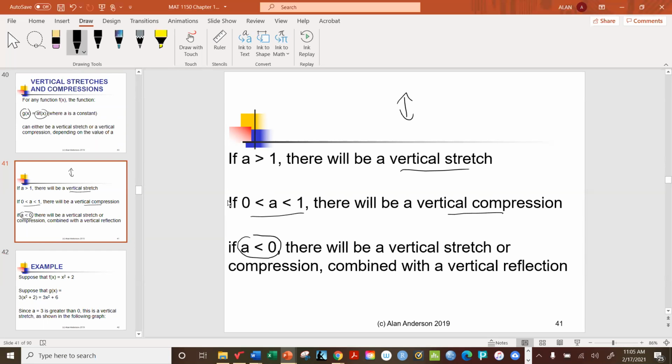That will depend on the magnitude of A. And then there could also potentially be a vertical reflection. That's a weird case. Okay, negative A, man. Let's see what that looks like. So we'll start out with a simple case, a simple parabola. All right, and we're going to see what happens.